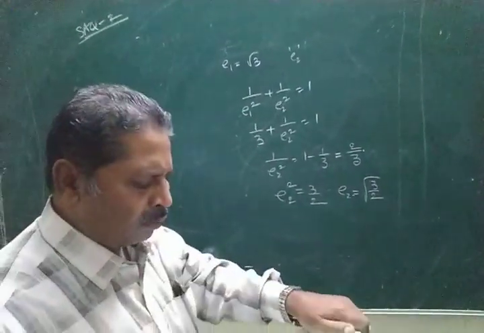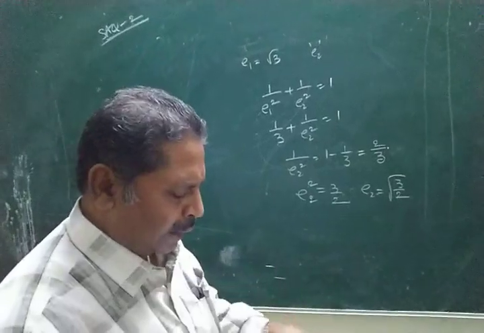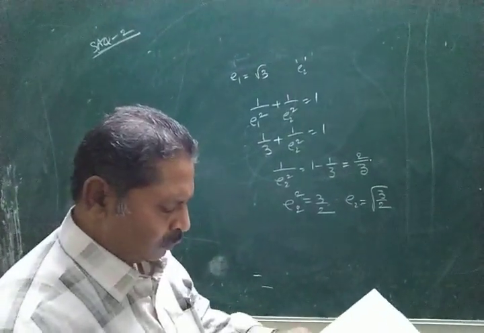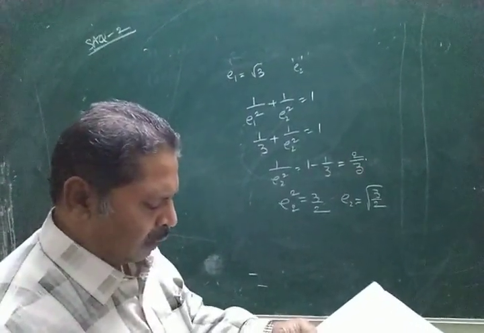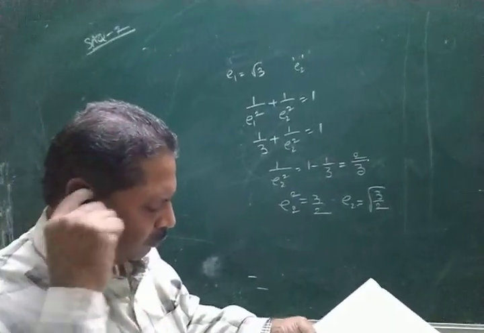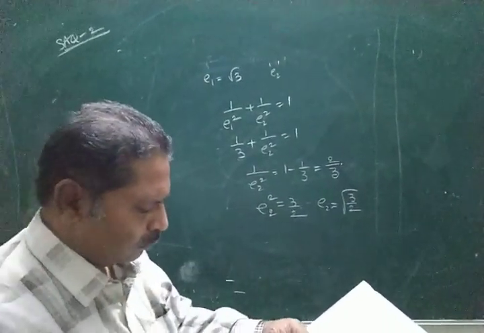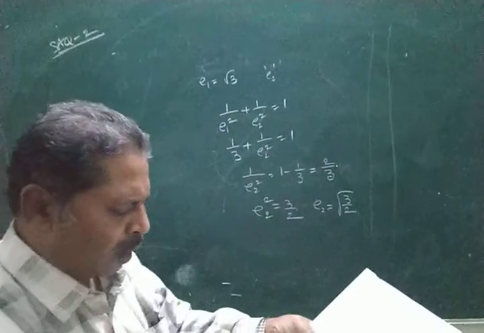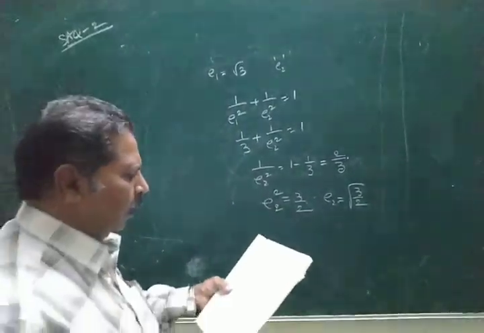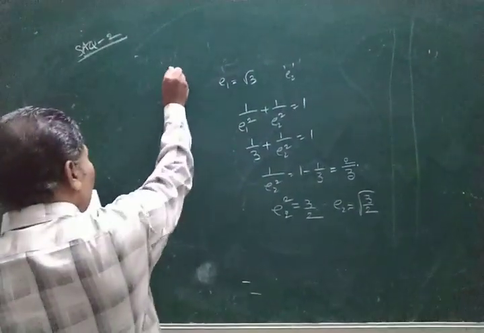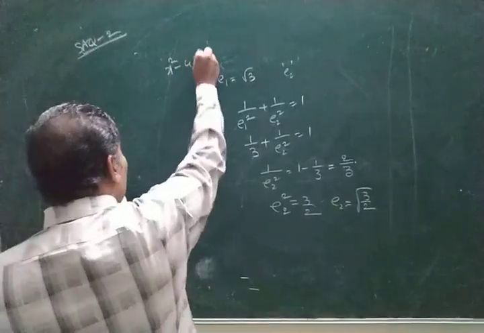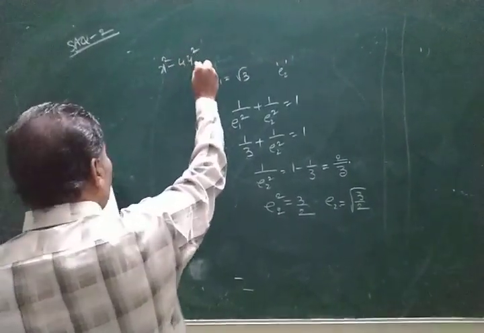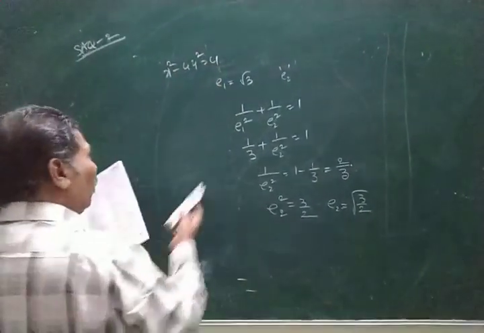The length of the latus rectum. X square minus 4y square equal to 4.